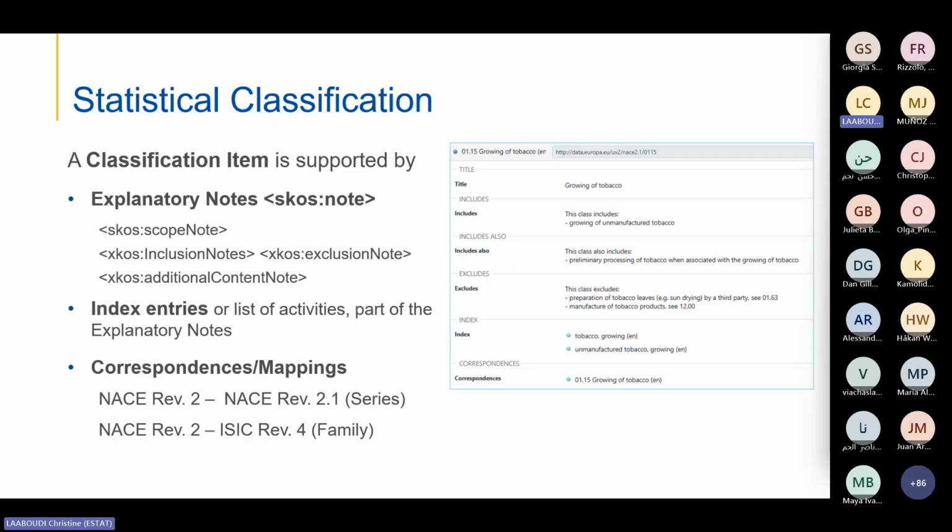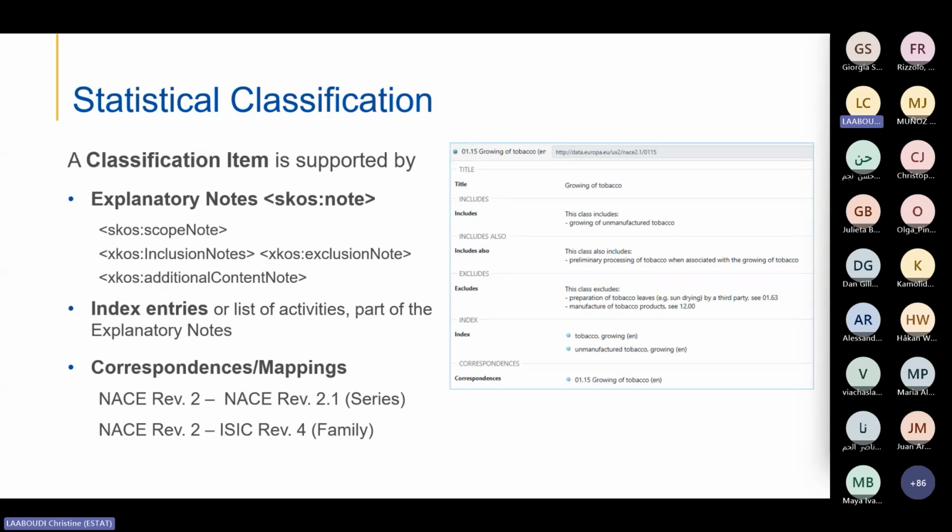And on the right side, you can view a screen from Showvoc. Showvoc is the web-based platform we are using for disseminating the ESS classifications, and it enables you to browse and explore multilingual vocabularies and classifications, to search, navigate, and to customize the view.